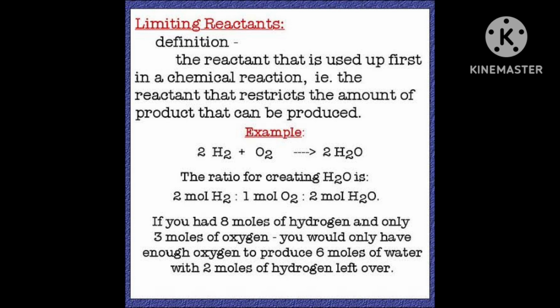Third step, in case of gaseous substance, write down 22.4 liter at STP below the formula in place of 1 mole. If volume is involved, then 1 mole is equal to 22.4 liter, you must write below the formula.